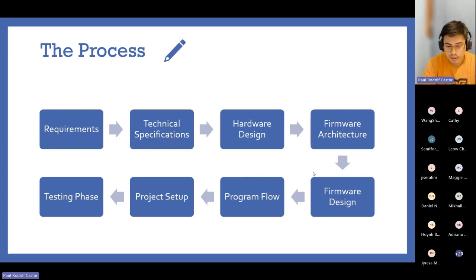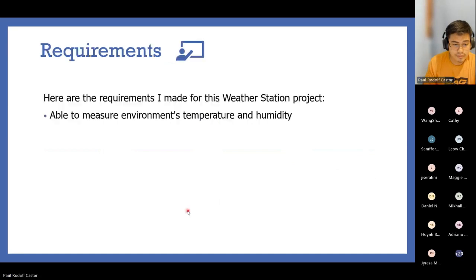Yes, we design the hardware first before the firmware, and for the hardware prototyping you can just do it yourself. From the hardware design, you can create a firmware architecture. Next is the firmware design, and yes, firmware architecture is different from the firmware design. And finally, we will create a program flow. Then we proceed to the project setup and the testing phase.